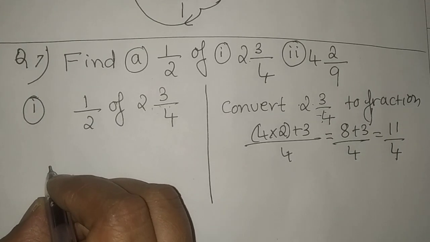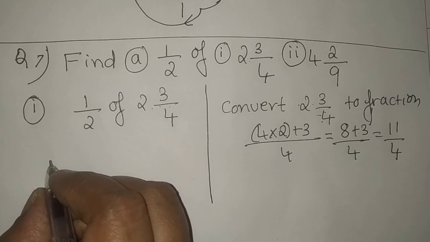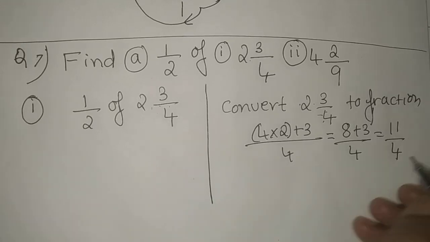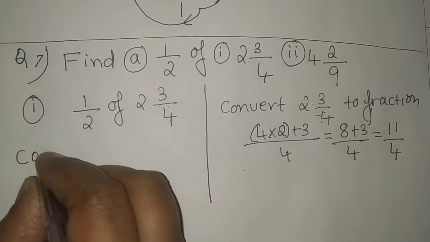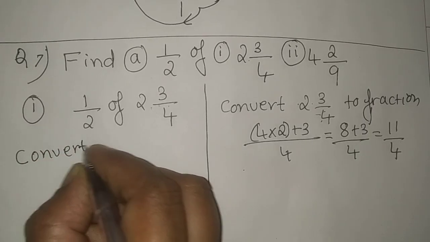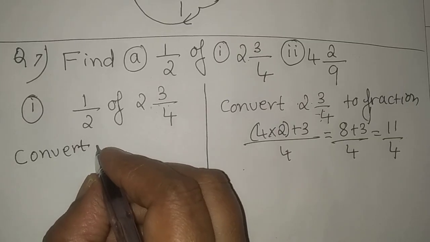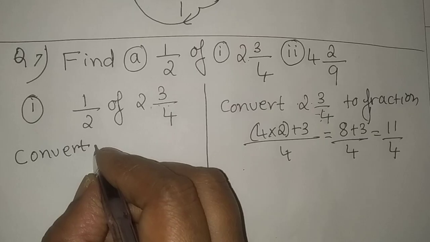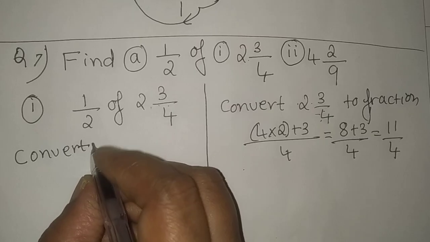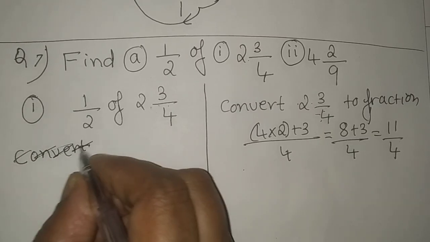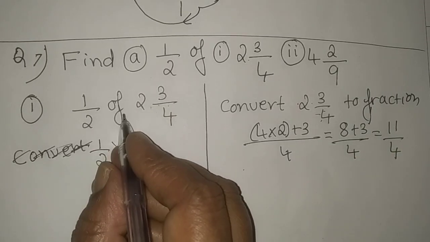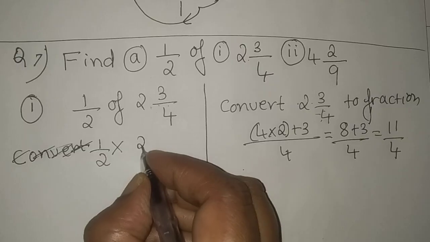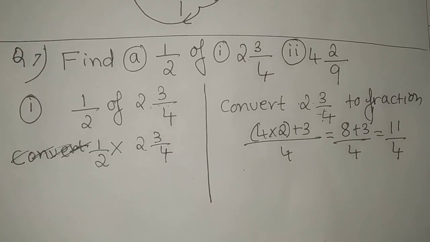Now we have this improper fraction. This is improper. So the next step is to take this here, of into, then this one is like this, 2 3 by 4.